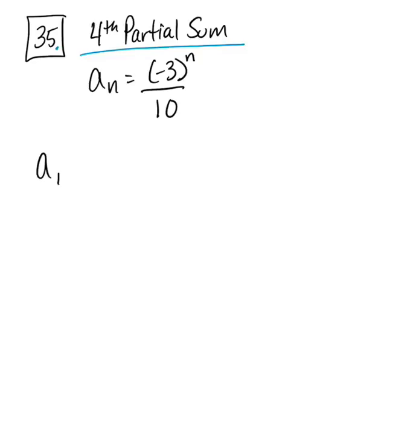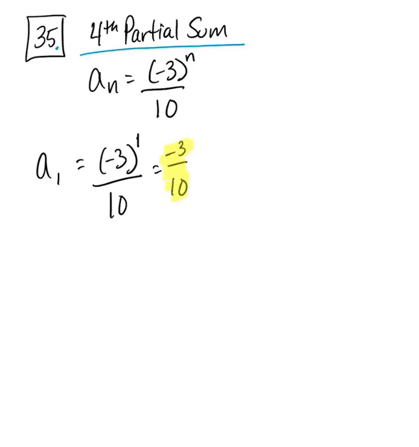If you recall in the previous problems, I was given the value for the initial term, and that helped me find the value for the next successive terms. So for the first one, a sub 1, I have negative 3 raised to the power of, I replace my n with the value of 1, and then divided by 10. So that's negative 3/10.